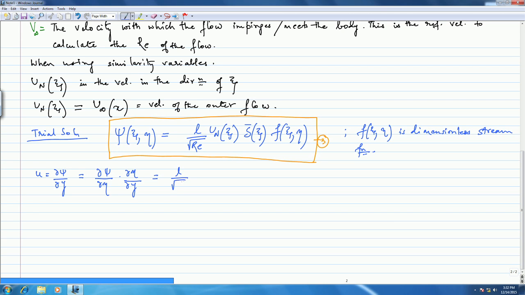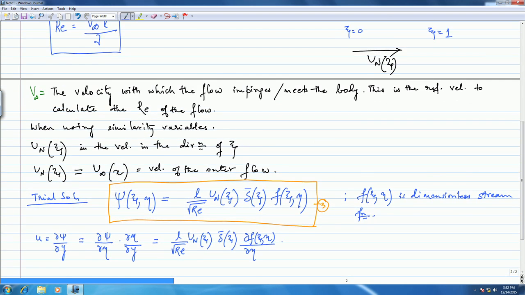So, L by under root Re, u_n zeta, del zeta, right. None of that changes. The only thing that really changes now is the one which is a function of eta, right. So, we get del f, which is a function of zeta and eta, del eta, into del eta by del y.